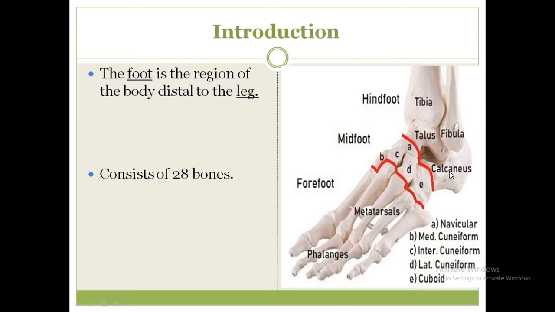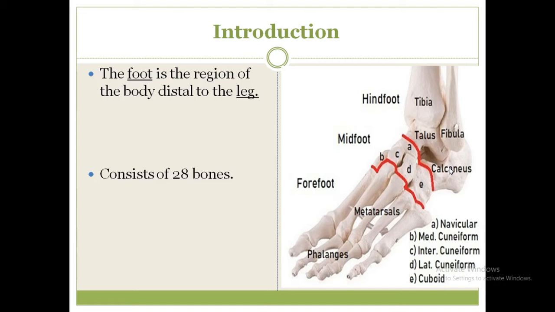So the foot is divided into three main regions, that is the forefoot, midfoot, and hindfoot. The forefoot contains the five toes, that is the phalanges, and the five longer bones, which are the metatarsals. The midfoot comprises five bones, that is the three cuneiforms, cuboid, and the navicular bone, whereas the hindfoot forms the heel and the ankle.